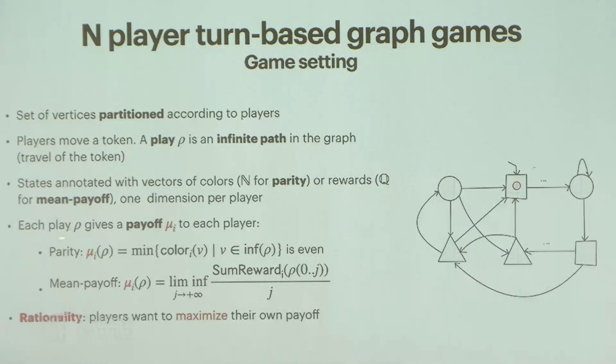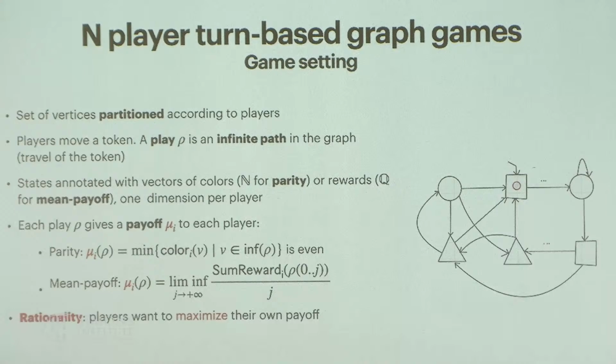For the parity condition, as usual, the winning condition for player I looks at dimension I of the vectors, and we look at the colors for that dimension that repeat infinitely many times, and if the minimal color among those is even, then it is declared winning for player I. For the mean payoff, we simply compute the running sum of the dimension assigned to the player and take the mean, and we are interested in the limit of this running mean.